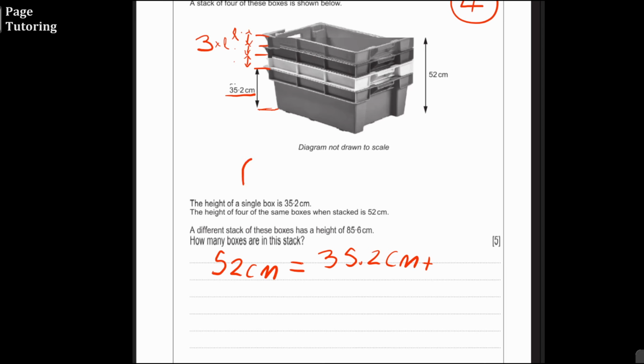If we have n boxes, the number of lips that you will get will be n minus 1. So now going back to our equation, the total height there, 52, would be equal to the full height of one box plus n minus 1 times that lip that we don't know right now. We don't know what that lip height is.